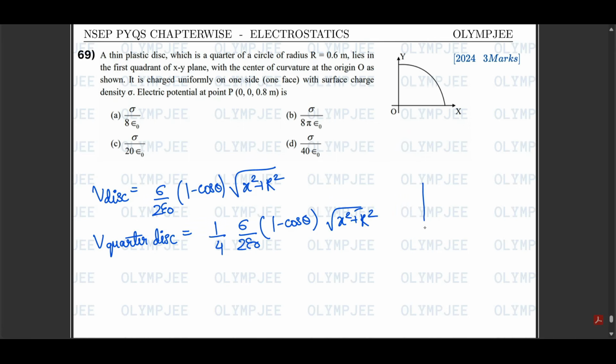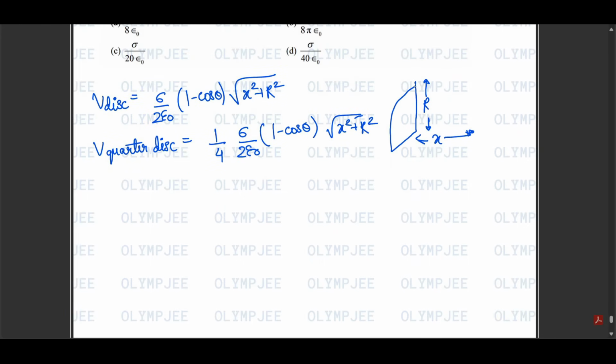And where x is this direction. If this is the disk and this is the point, then this is x and this is r, right? And this is theta.